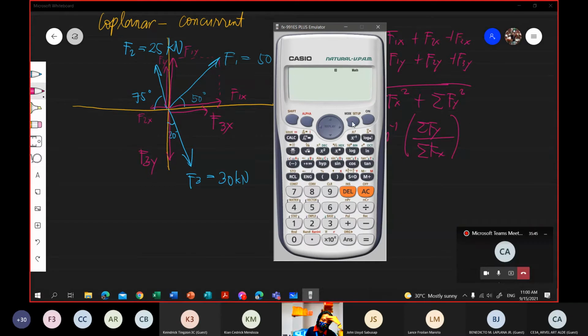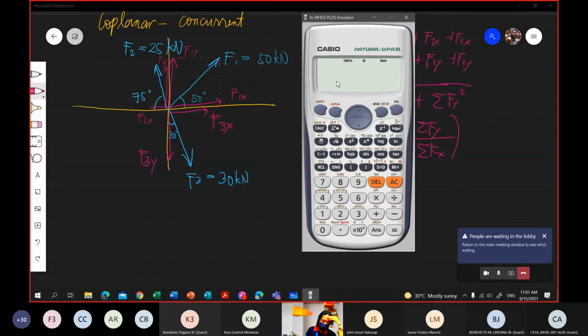It's here, mode. There's matrix, vector, table, equation, stat, comp, and now complex. Select complex mode. Once you are in complex mode, solving the resultant and its direction is as easy as just adding.